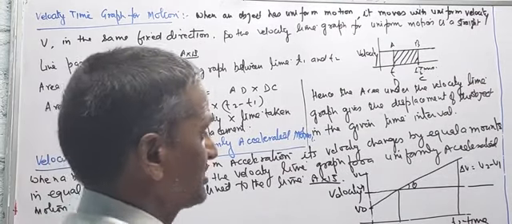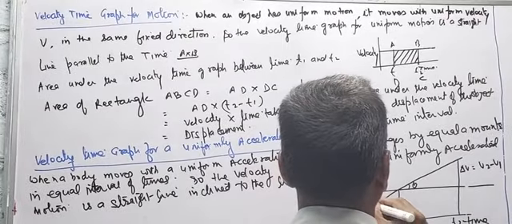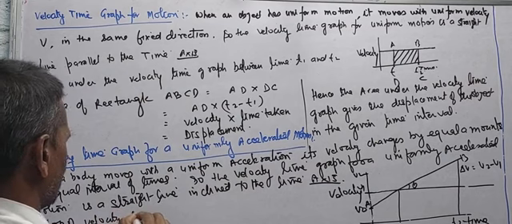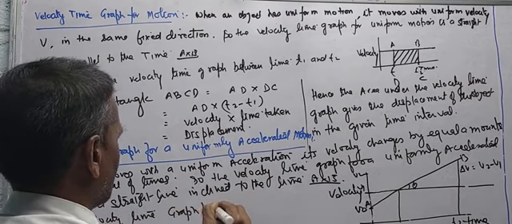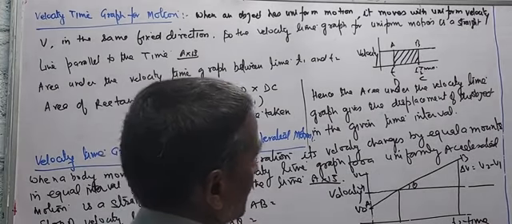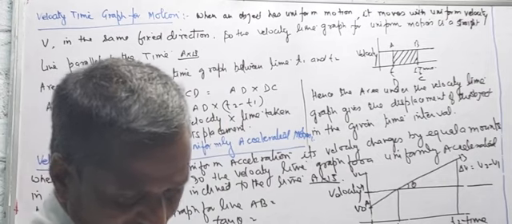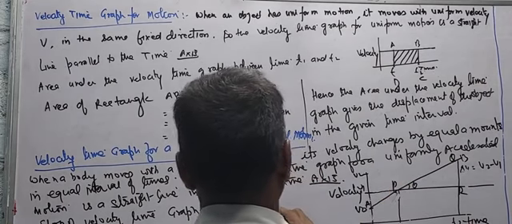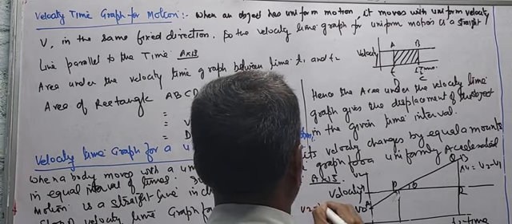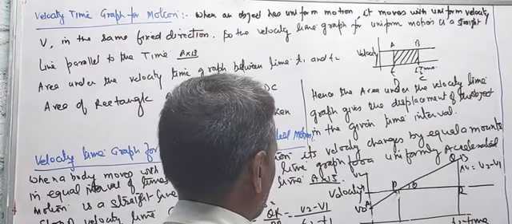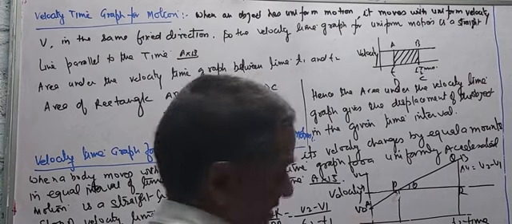Then the slope of the velocity time graph for line AB equals tan theta, and tan theta equals QR upon PR, which means (v2 minus v1) upon (t2 minus t1). It becomes acceleration.